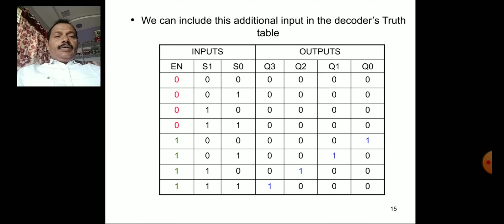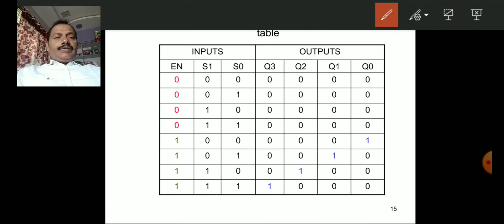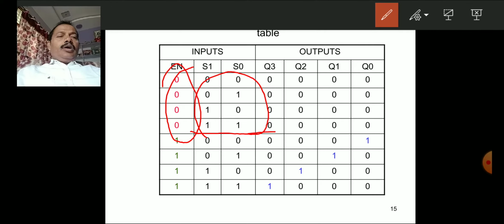For enable is 0, whatever input combinations you have, whether they change or do not change, all outputs are zeros.